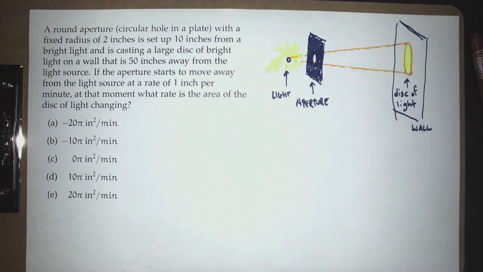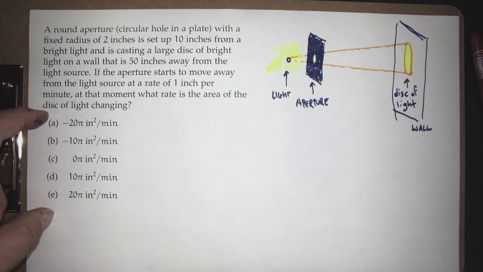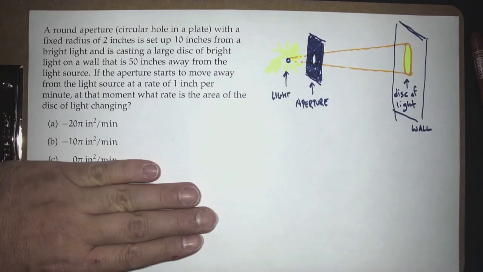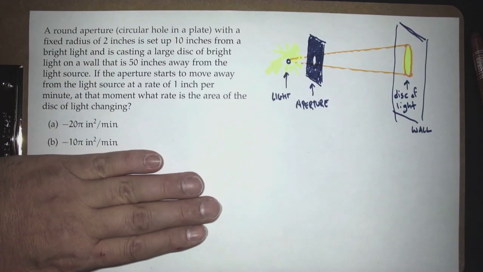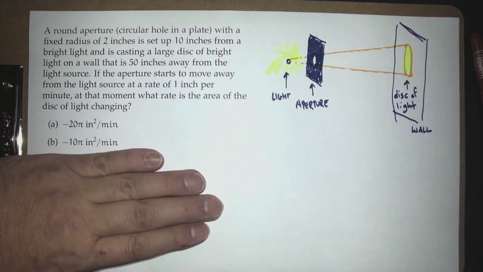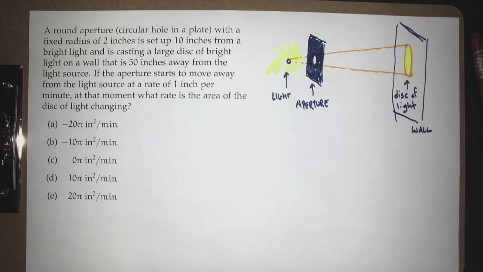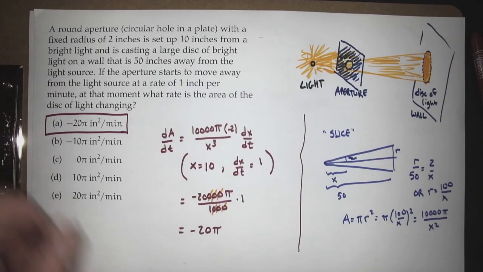It shrinks down. So what should be the sign of our derivative? So which one of these can we rule out? So we can rule out those 3. So that leaves us with 2 options. Would you like to see it or would you like to think about it? The answer is A.